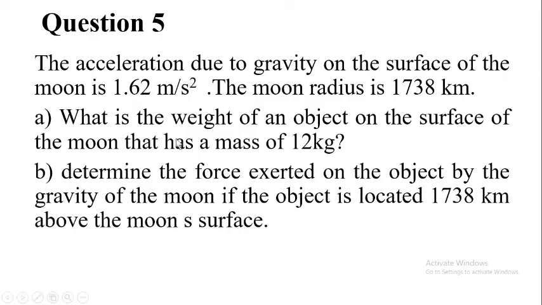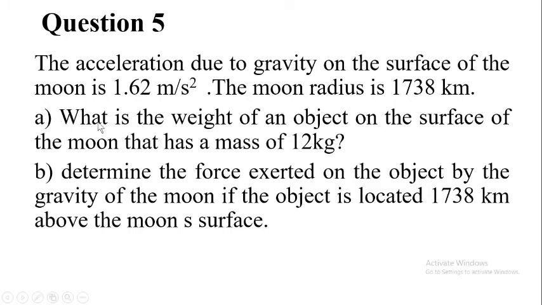Now let's take a look at this question and solve it. The question reads, the acceleration due to gravity on the surface of the Moon is 1.62 meters per second squared. The Moon's radius is 1,738 kilometers.